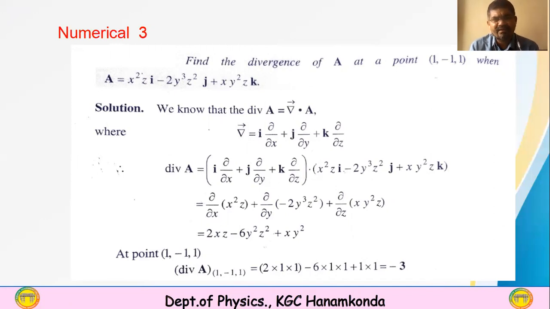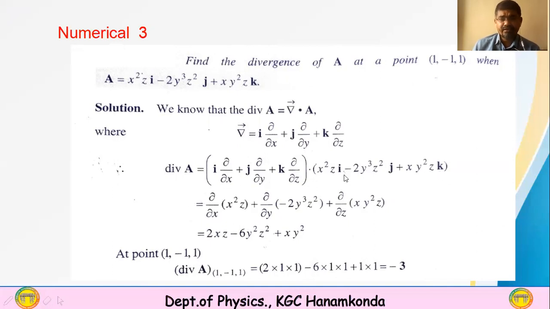Here I am taking vector a, therefore divergence of a equals del dot a bar. So the del operator is i ∂/∂x plus j ∂/∂y plus k ∂/∂z. The divergence of a is written as the dot product between the del operator and a given vector. Therefore, i ∂/∂x plus j ∂/∂y plus k ∂/∂z dot the given vector, that is x square z i minus 2y cube z square j plus xy square z k.